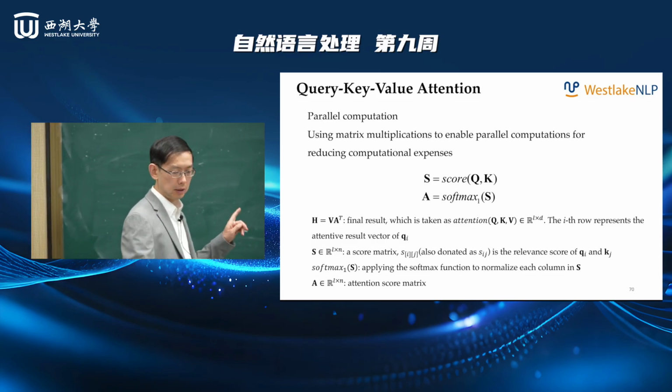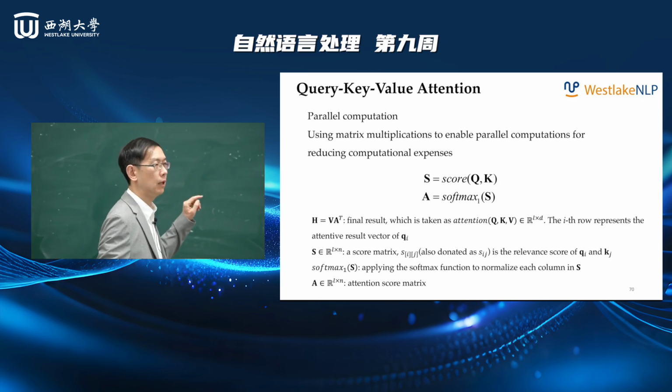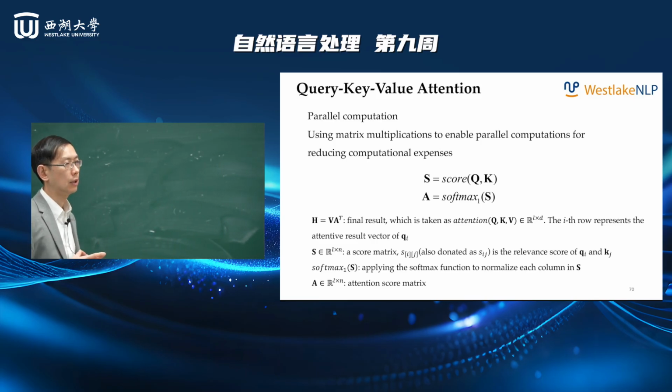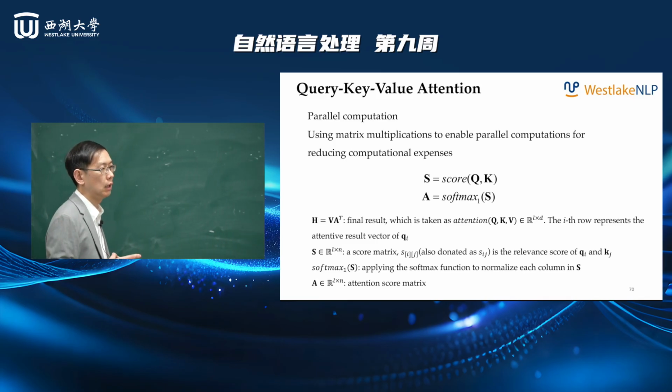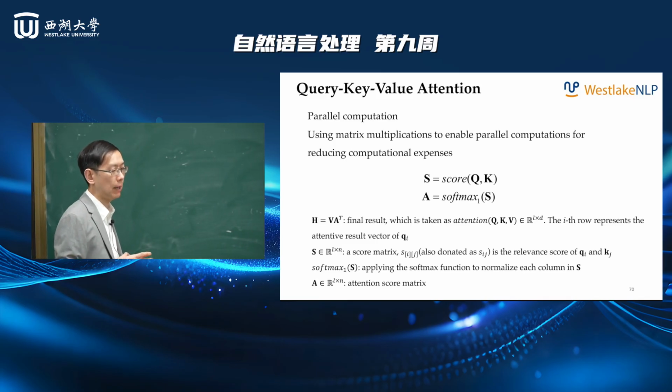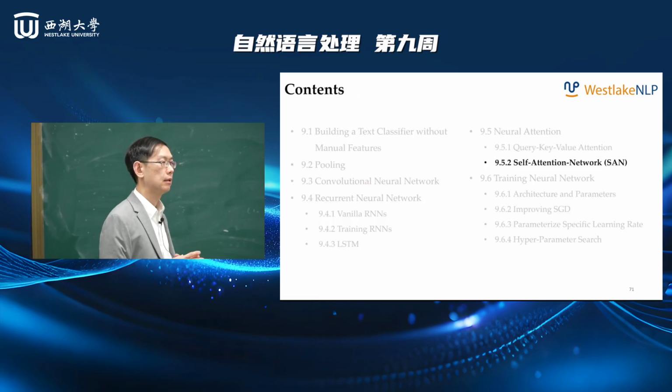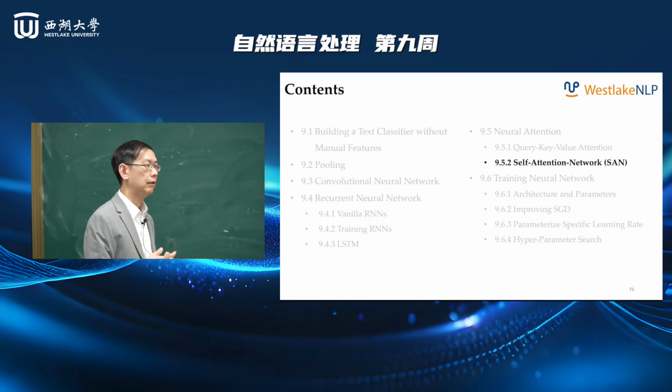But since you will be able to calculate the scores in one matrix multiplication, you can run L queries in parallel, okay? And that gives us a basis for deriving a new sequence encoder called self-attention network.